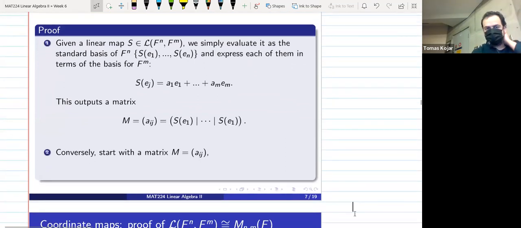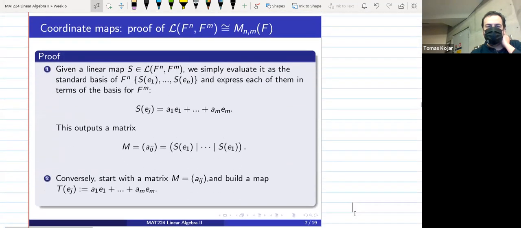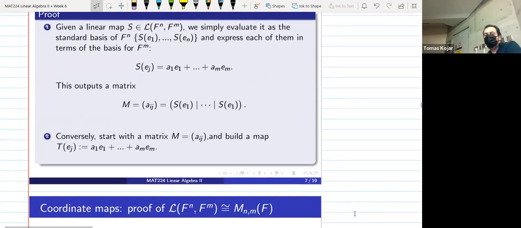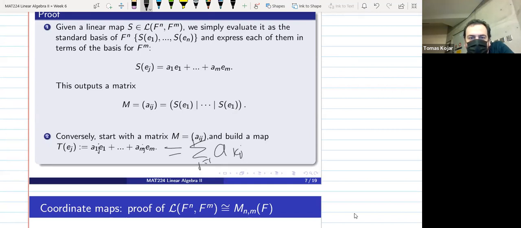Suppose you start with the matrix. We've talked about this a little bit. So again, this is A_{ij}. You define your map on the basis. You define it as T of E_K equals the sum over J from 1 to M of A_{JK} E_J.